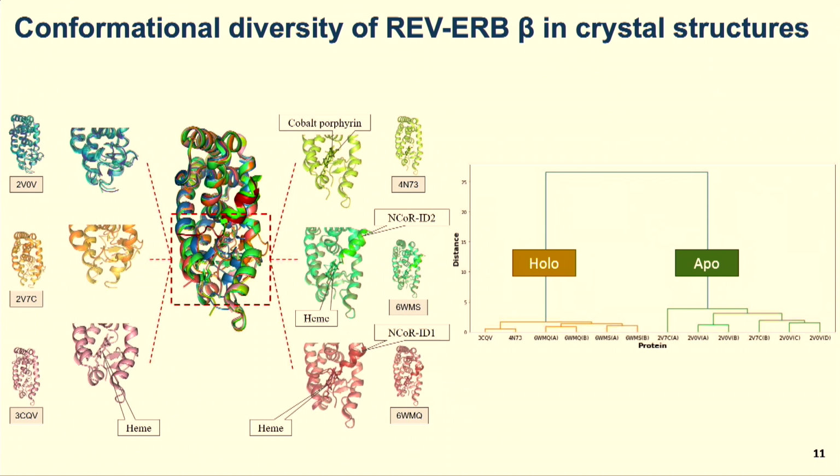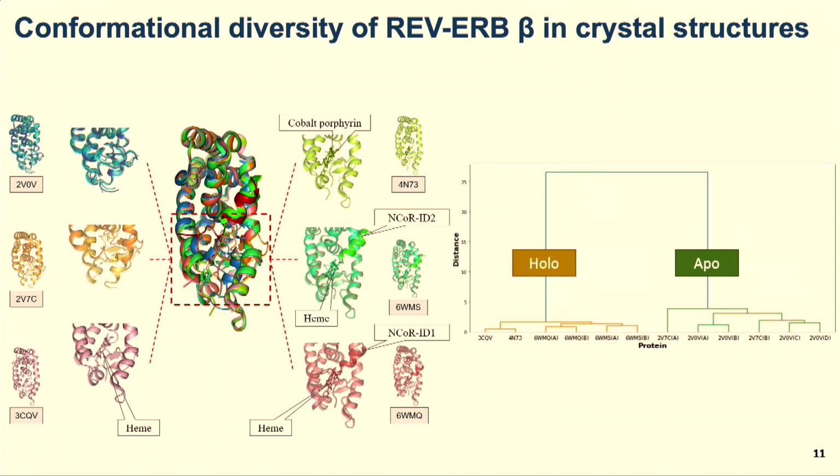Okay. Now, in the bound state also, if you see, the ones which are only bound to heme separate out, and the ones which are bound to heme as well as the interacting co-repressor separate out.